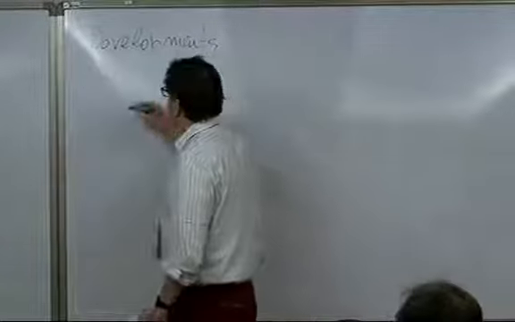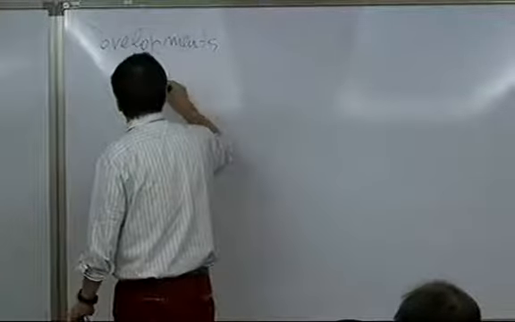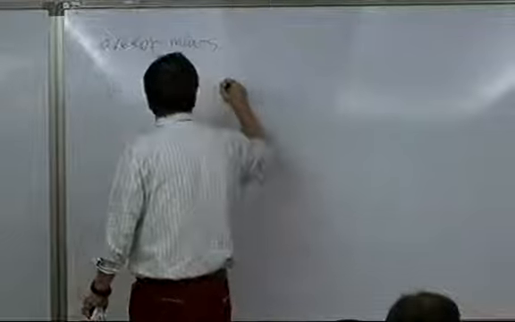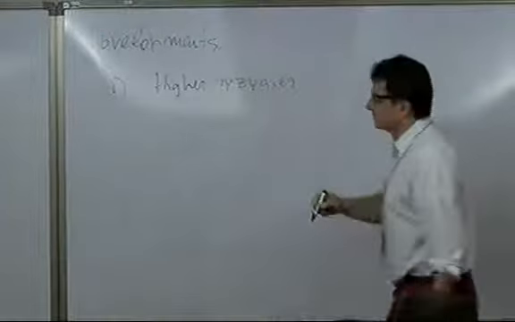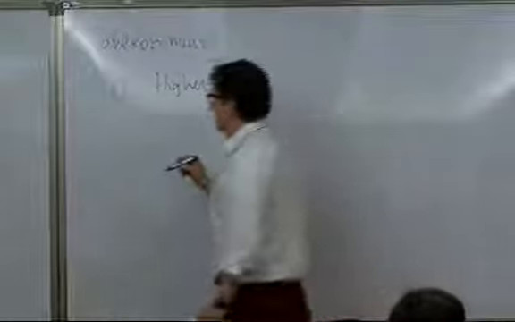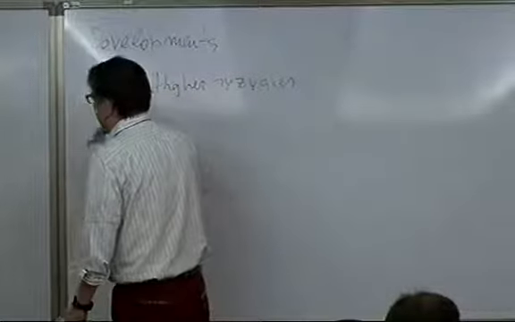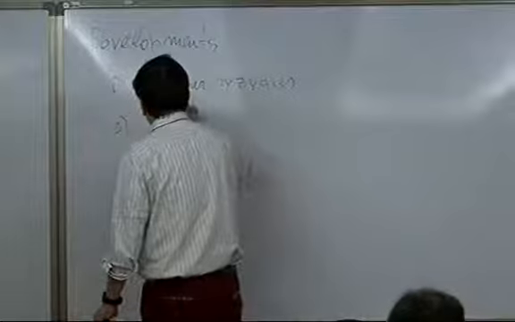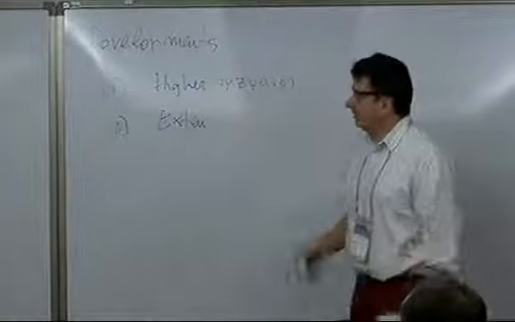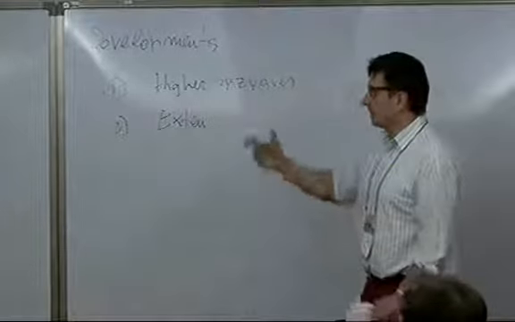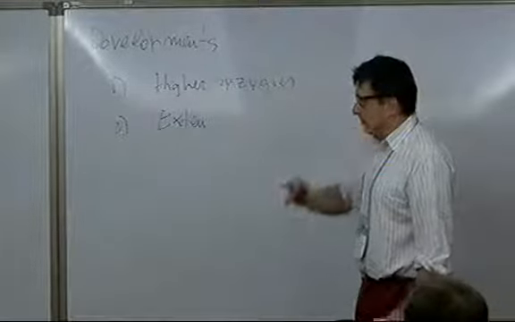So the first one is higher syzygies. And the second one is extension of this type of results to line bundles which are not a high power of a smaller line bundle.